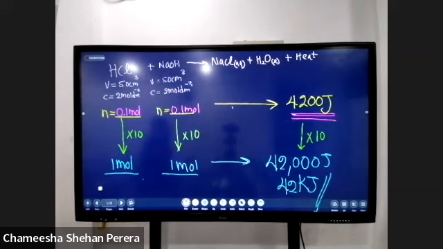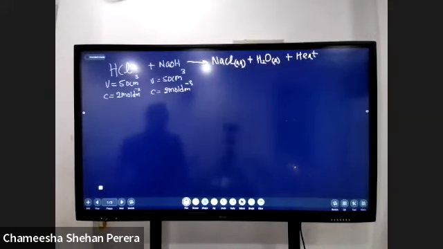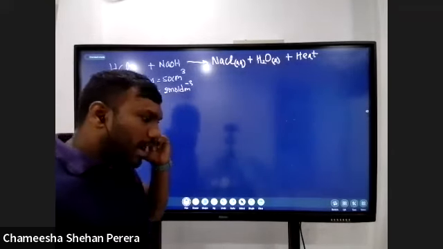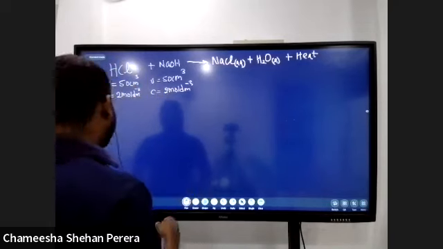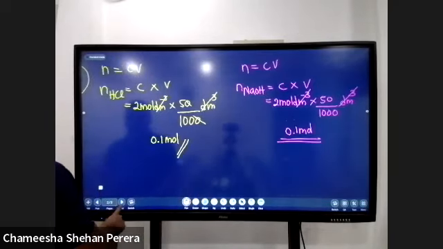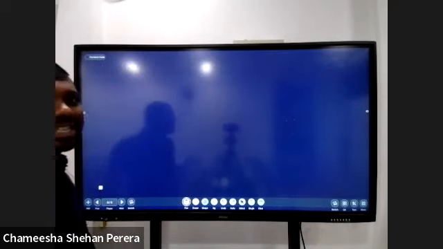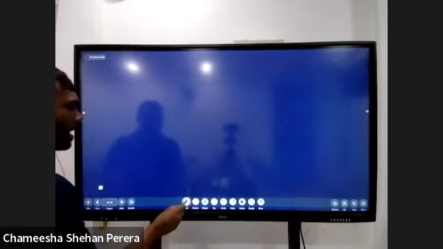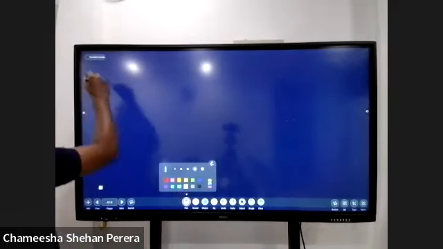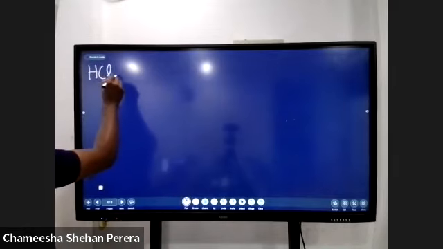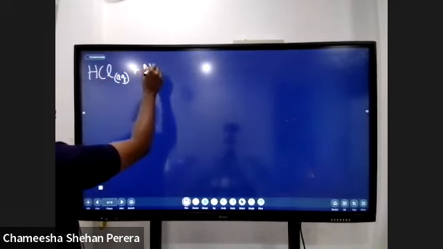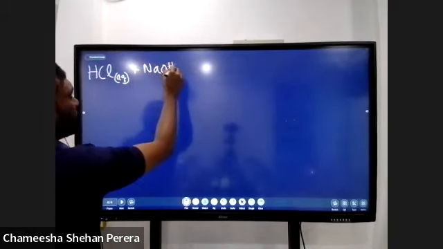Emily is clear. So what you have observed here is an exothermic reaction. What did we do? I think I'll have to write it again. We have actually used two aqueous solutions for this reaction. I'll write it again for you to see. See here, I added HCl aqueous, and then I added NaOH, which was also aqueous.